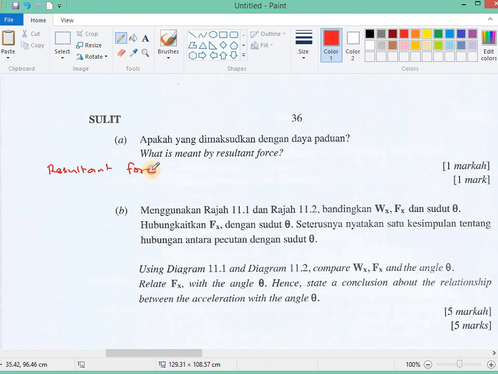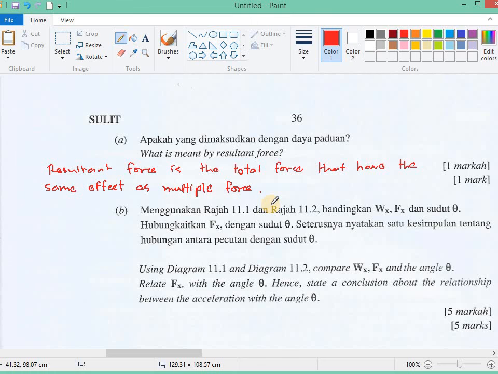Resultant force is the total force that has the same effect as multiple forces.